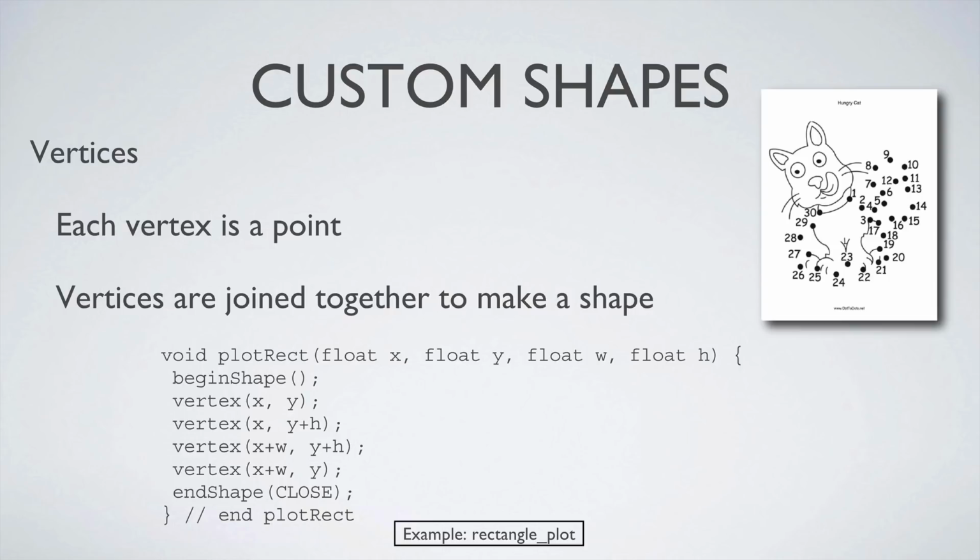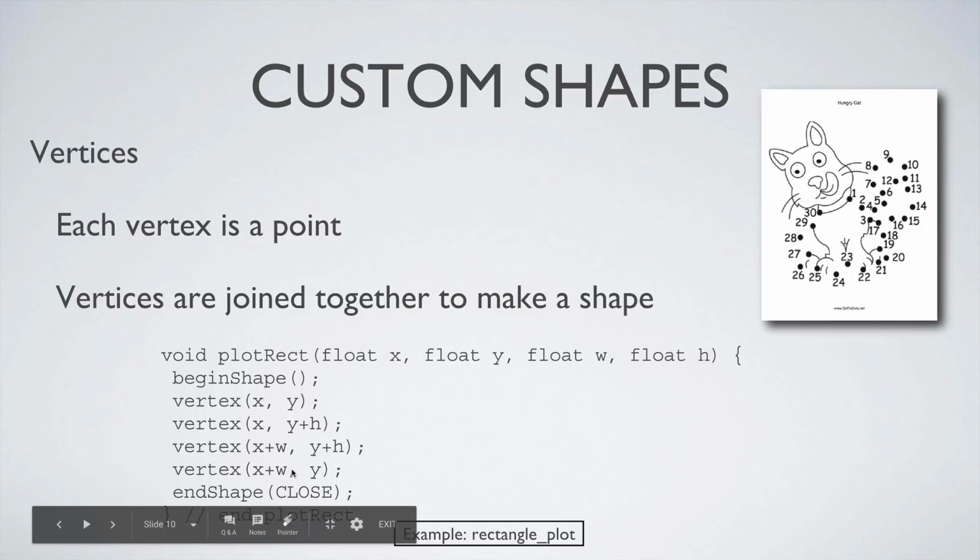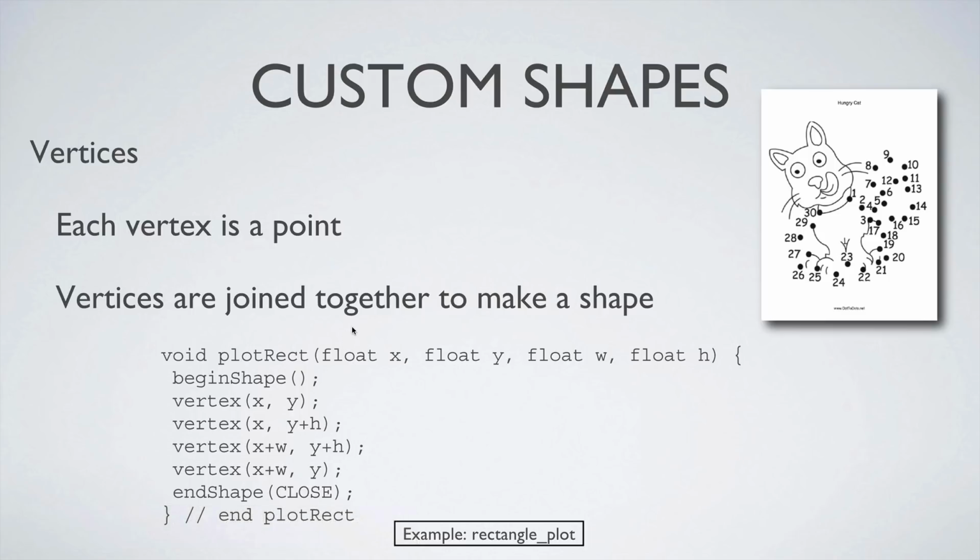Well, you've already seen this a little, but to do this we say, we're going to put one point here and another point there, and then we're going to join them up just like the old dot paintings, where you say start here, go to here, go to here, etc. So you need to give each of the vertexes in order, and you can give as many vertexes as you like to make a shape.